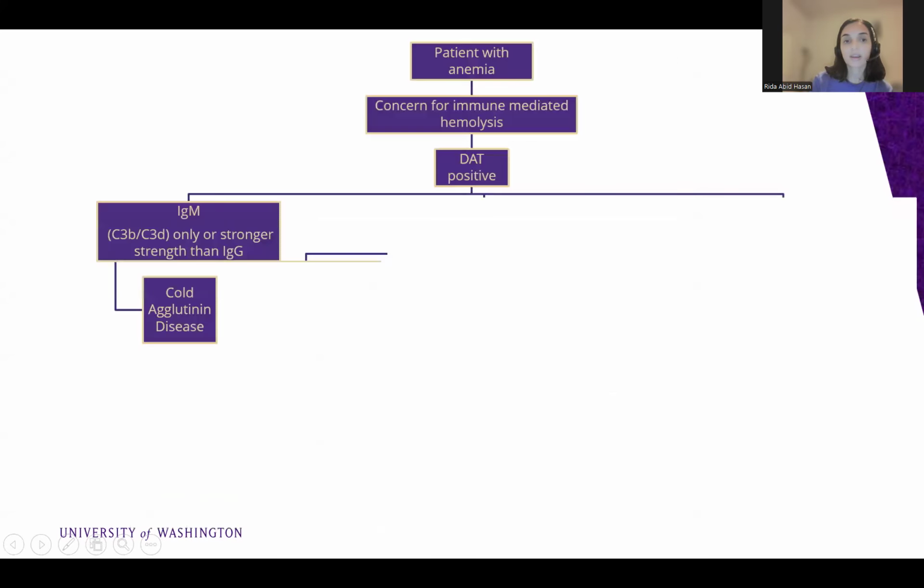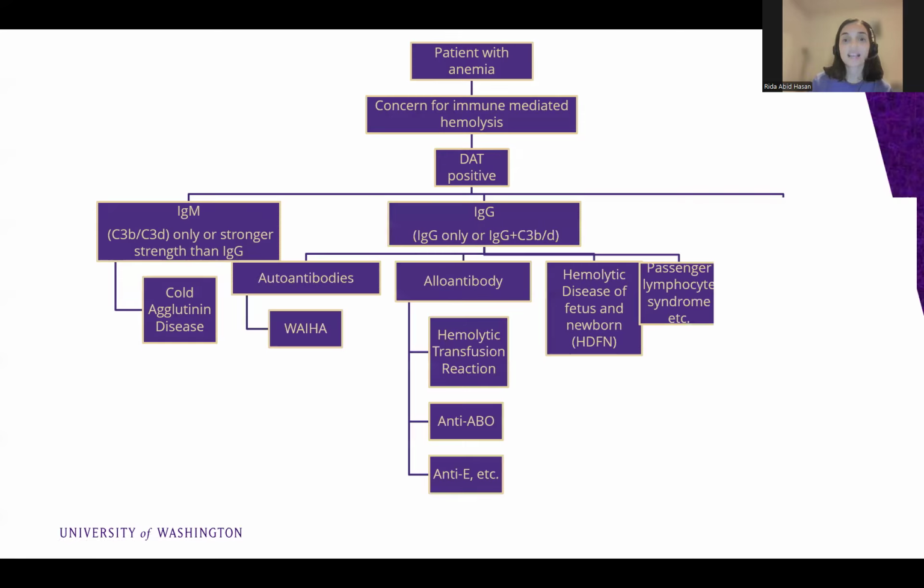However, there is a whole differential that you have depending on your DAT being positive. So if your DAT is positive and it's IgM, you're thinking complement. Again, IgGs can be weakly positive in these situations. So now you're thinking really cold agglutinin disease. If it's IgG, now you have a whole differential of autoantibodies.